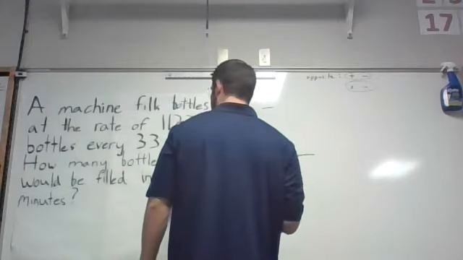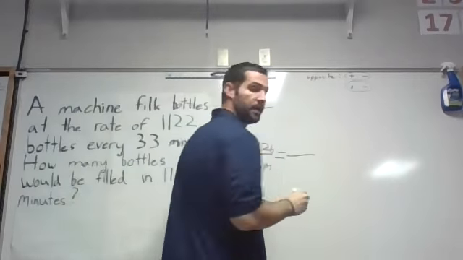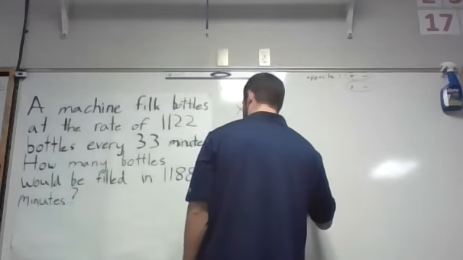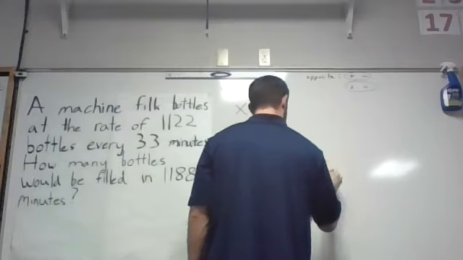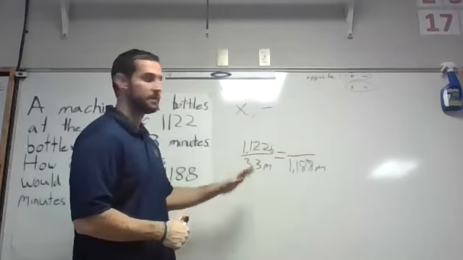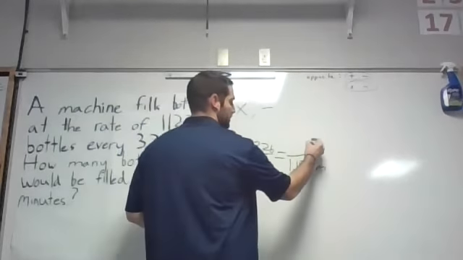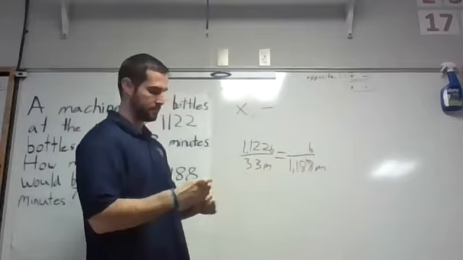Our final clue is asking how many bottles will be filled in 1,188 minutes. It's a lot of bottles and must be a lot of time. Okay, again, keep the labels, make sure all the labels match before you solve the problem, because we're looking for how many bottles for this amount of time.